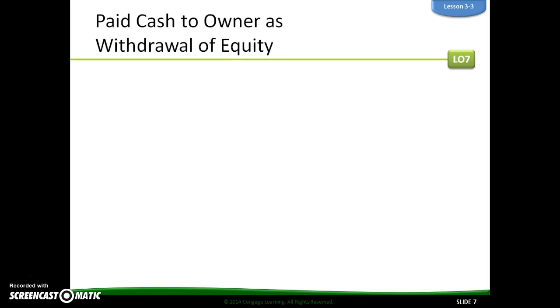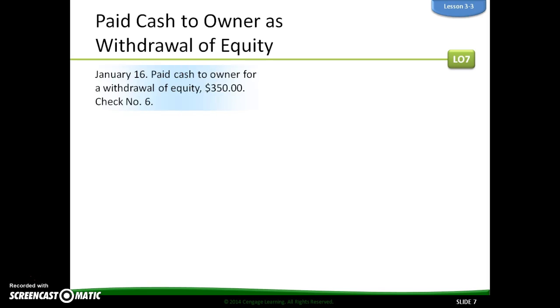We're going to pay out some cash to the owner to withdraw some equity in the business. On January 16th, we're going to pay cash to the owner for withdrawal of equity of $350, and it's check number 6 that's doing this. So the first thing we want to note is that the drawing account for the owner, we're going to be increasing.